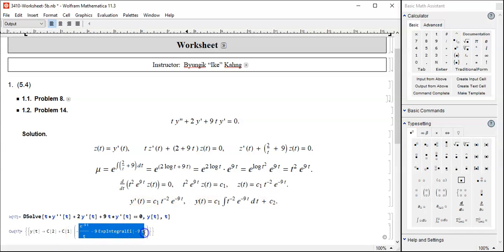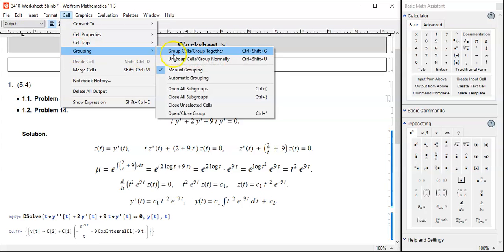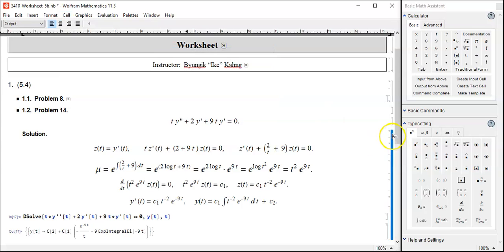Mathematica created this expression times C1 plus C2. Yes, what I have here is correct, which means now I'm certain that this problem is not what the textbook author intended.